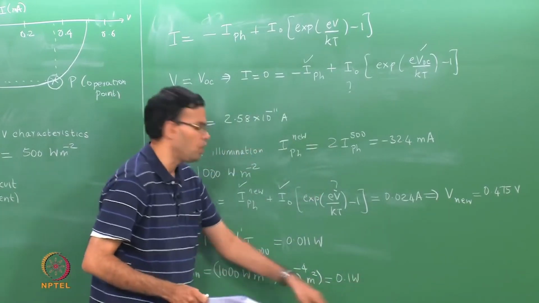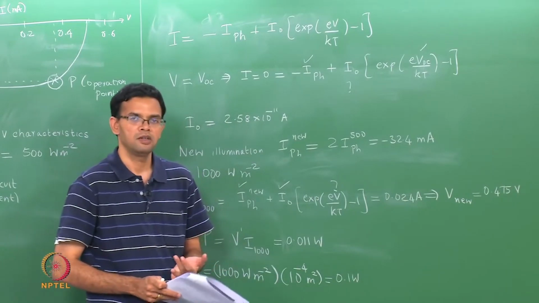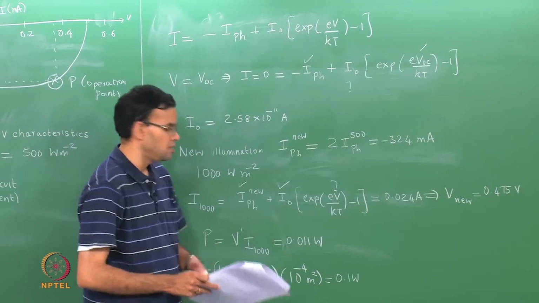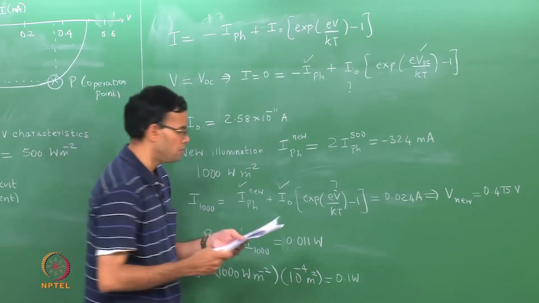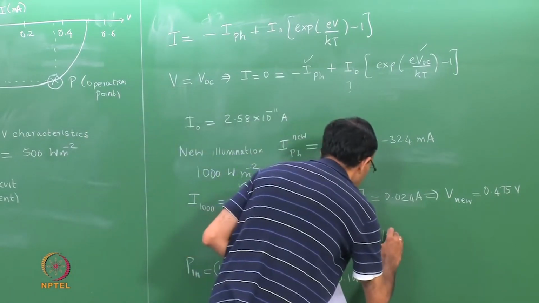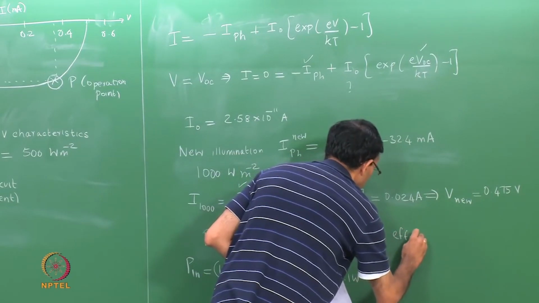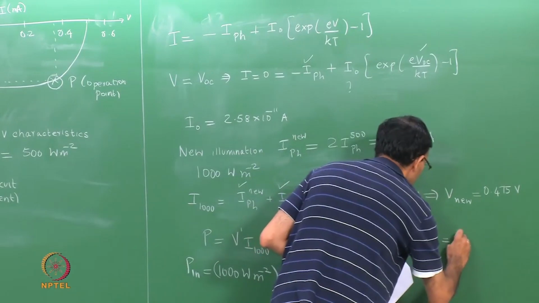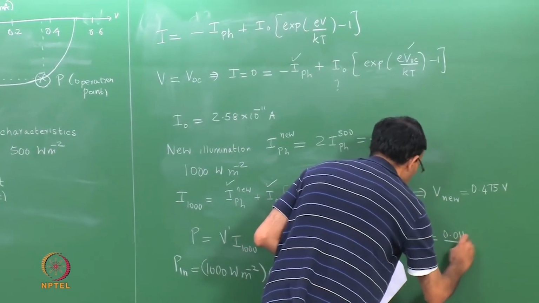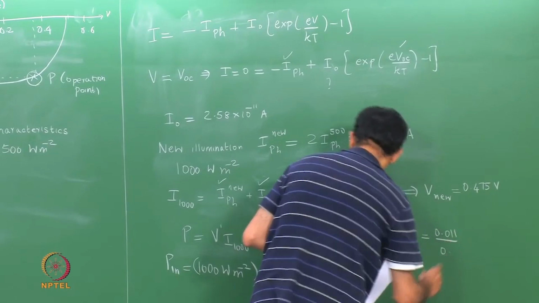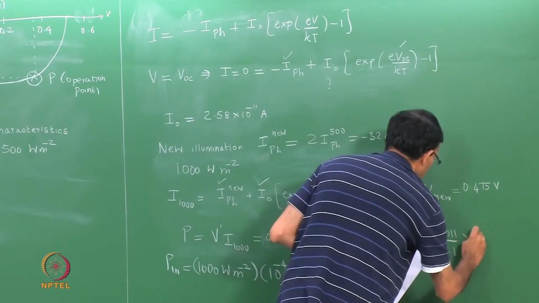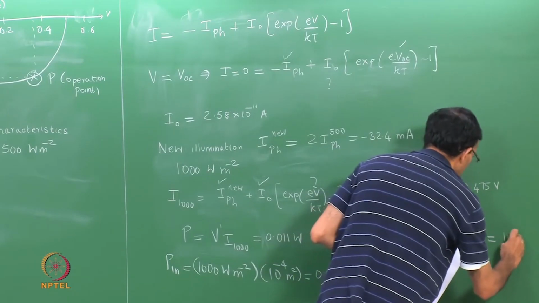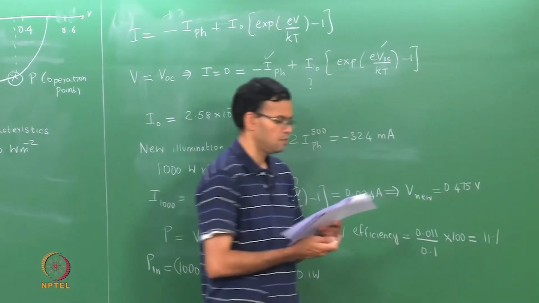So, 0.1 watt is the input power, the output power in the form of electrical current is 0.011 watt. So, the efficiency in terms of percentage is 0.011 divided by 0.1 times 100, that is equal to 11%.